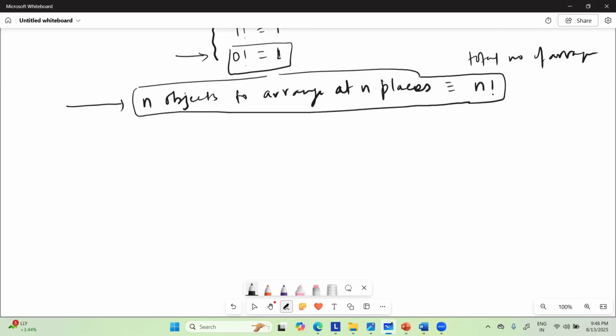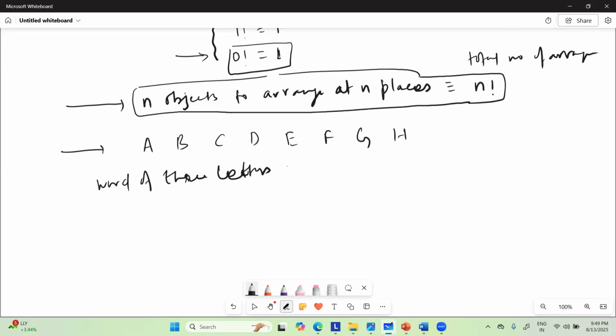Now let's take a different example where you have 8 letters A, B, C, D, E, F, G, H. But you have to make a word of 3 letters only, without repetition.